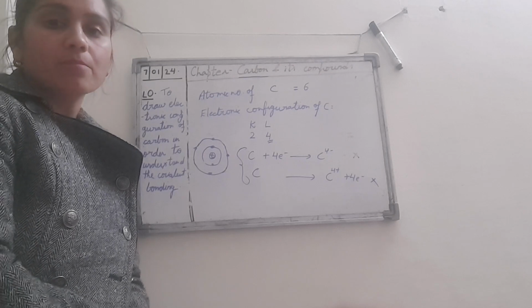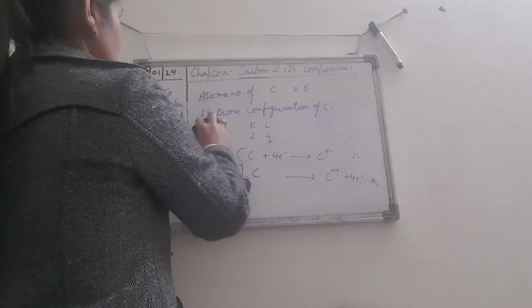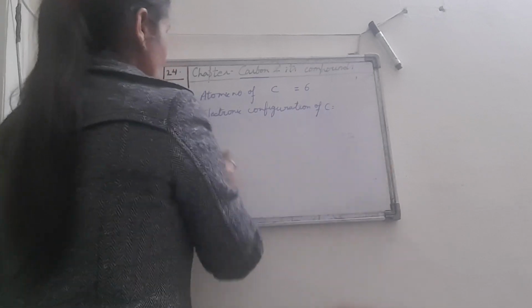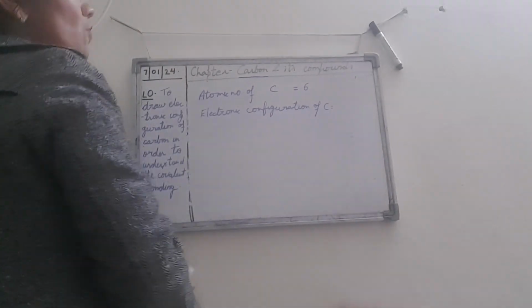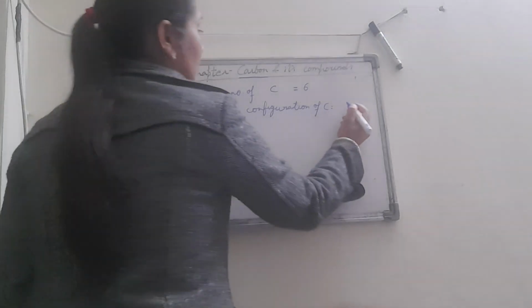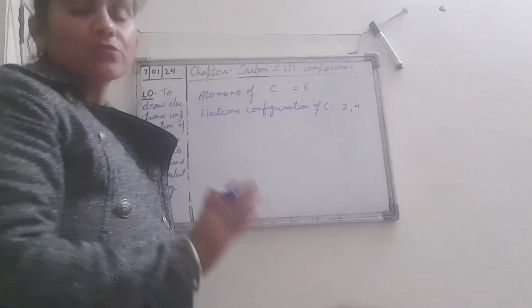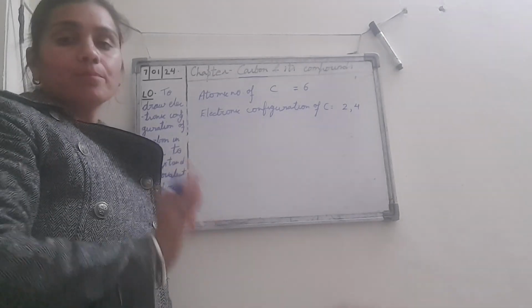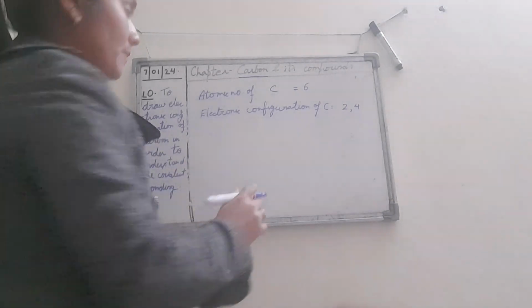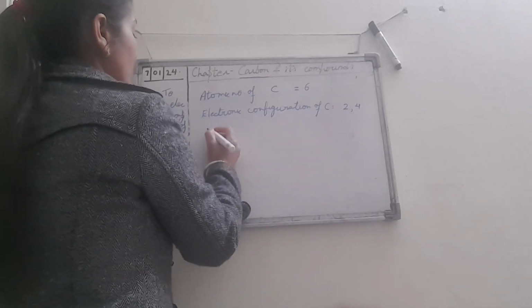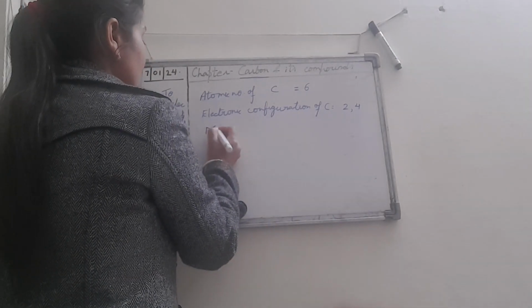How the covalent compounds are formed? So as we know, the electronic configuration of carbon is 2, 4. So it means it requires 4 electrons to complete its last shell. So I give you example of methane.